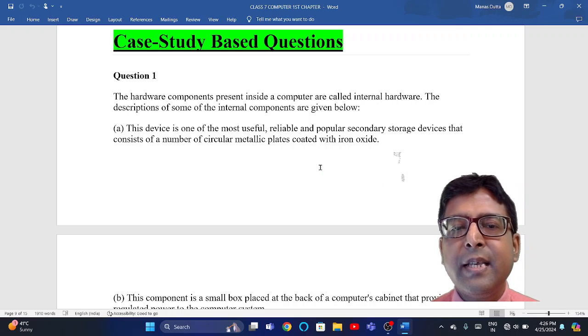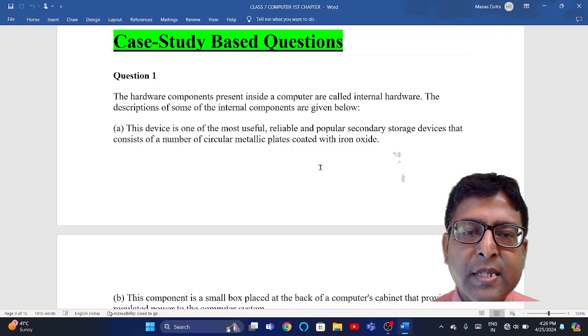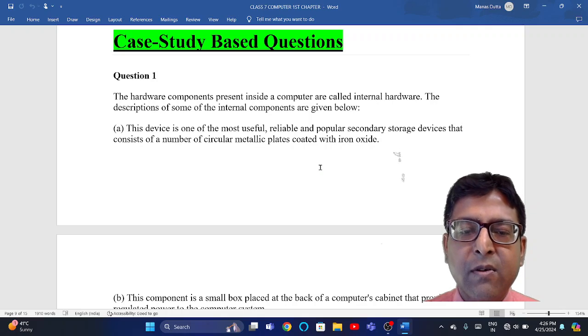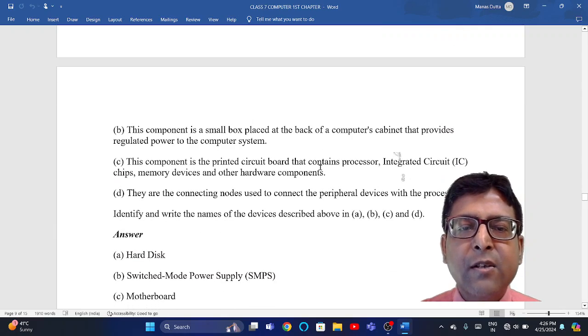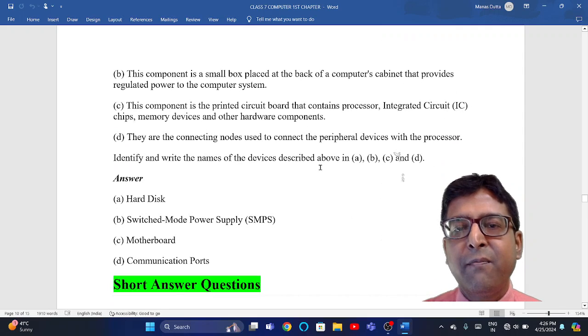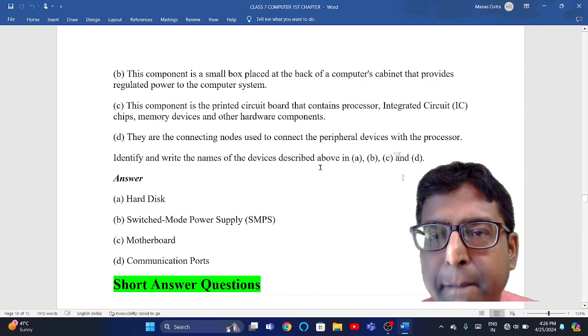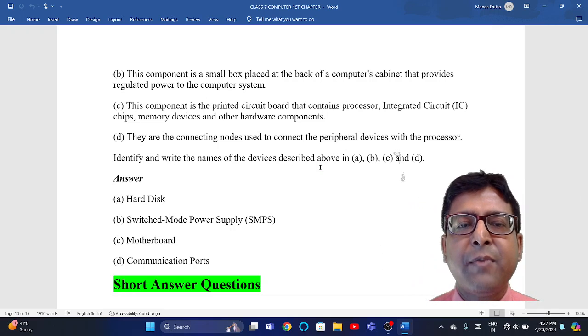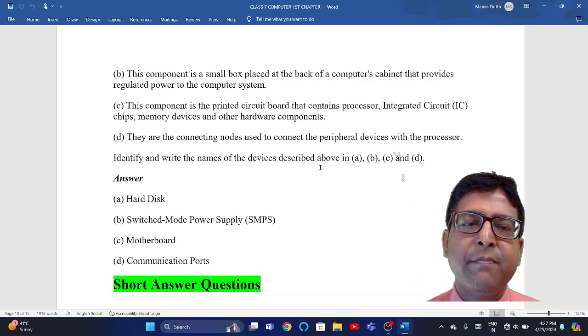A: This device is one of the most useful, reliable and popular secondary storage devices that consists of a number of circular metallic plates coated with iron oxide. B: This component is a small box placed at the back of the computer's cabinet that provides regulated power to the computer system.